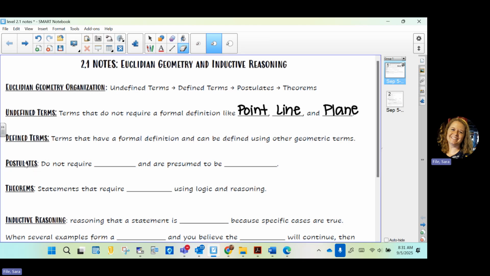Now a postulate, if you haven't heard that word, and actually you've seen it in our notes. Last unit we talked about the angle addition postulate. I don't know if you remember seeing that, but a postulate is something that does not require proof.